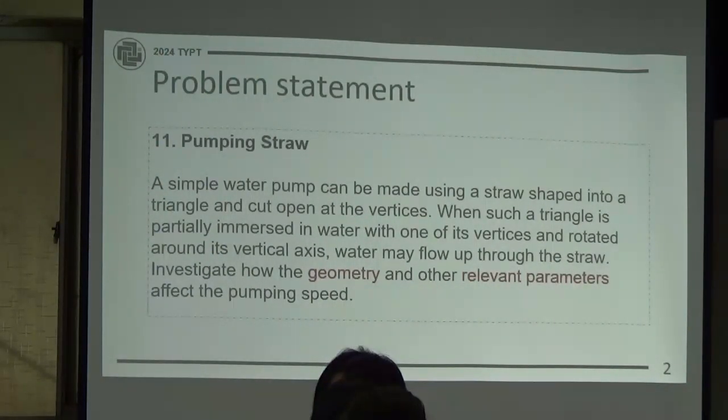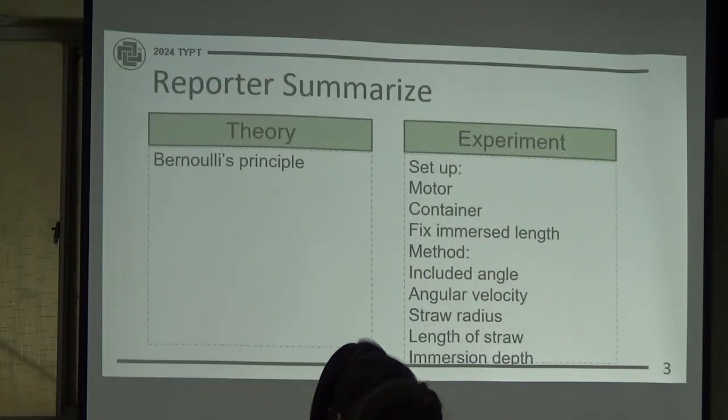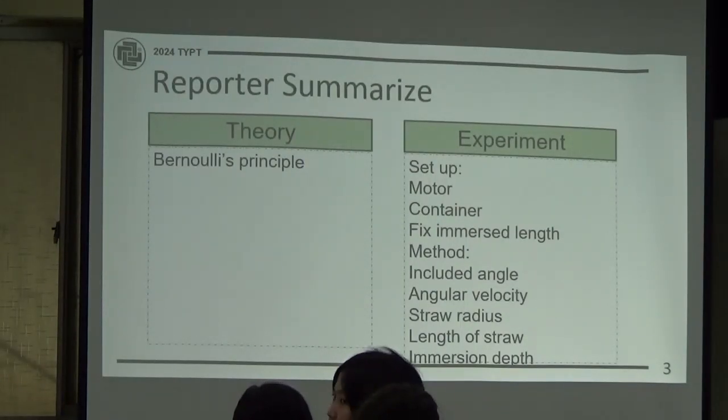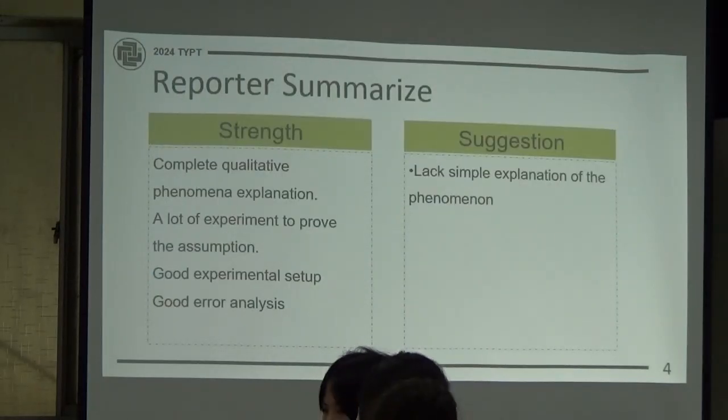Investigate how geometry and other relevant parameters affect the pump speed. The theory used is Bernoulli's principle, and the experiment setup included a motor and a container with an immersed length. The methods varied the angular velocity, straw radius, length of the straw, and the immersed depth.